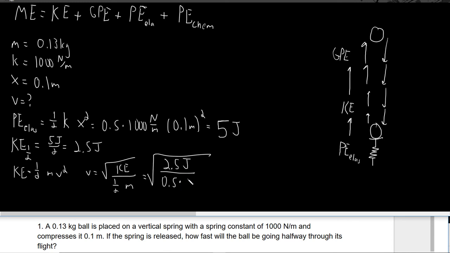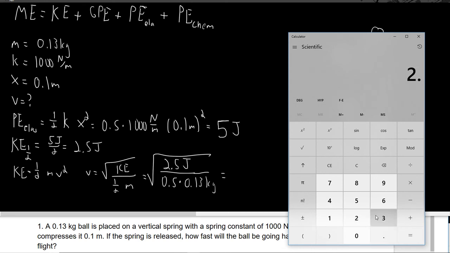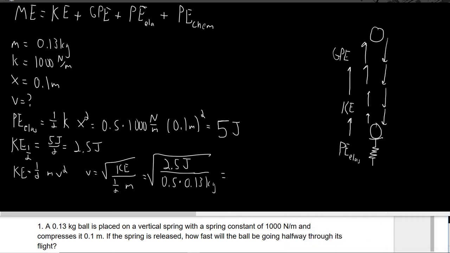We said it was 0.13 kilograms. Let's go this way, just because I know this way worked with this calculator. 0.5 times 0.13, square root, 6.2. So that ball is going 6.2 meters per second.